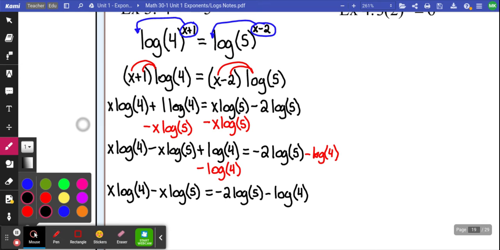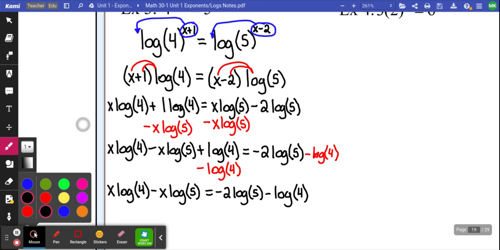All right, here's our problem. I'm going to move this log 4 over here, and I move this log 5 over here. Now, normally, you would move something by adding or subtracting it. If you moved it right now, then you're moving the x with it, which is not good. To move this log 5, I would have to divide by log 5.